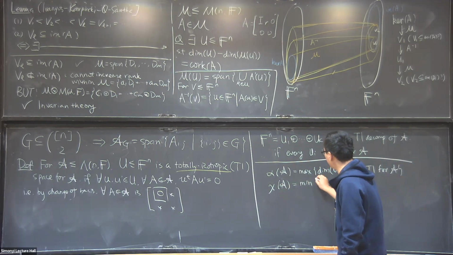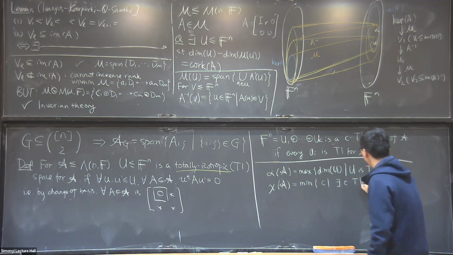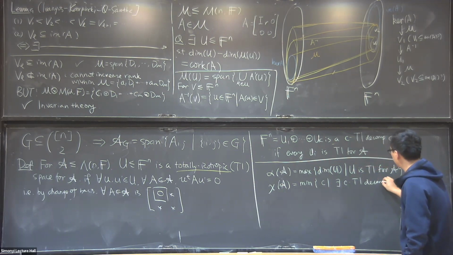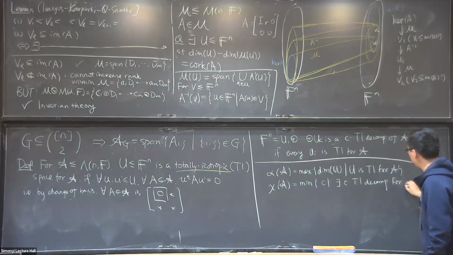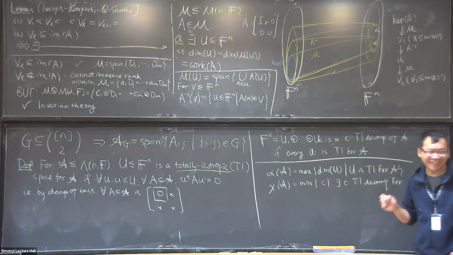This is the minimum of C such that there exists a C TI decomposition for A. You know, for graph theory people, now you know what I'm going to do, right?